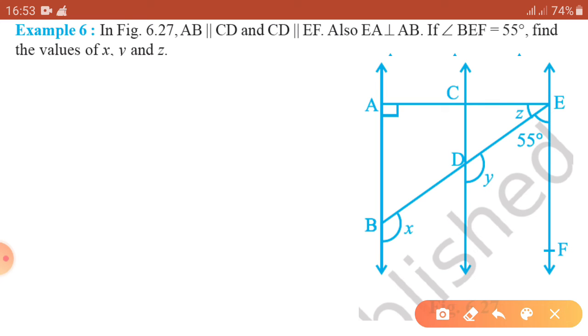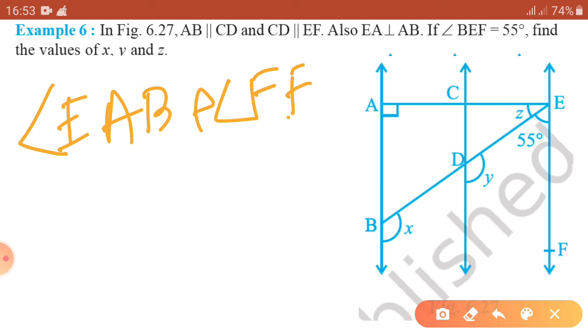So we can write here angle EAB plus angle FEA equal to 180 degree, because these angles are the interior angles on the same side of the transversal EA.